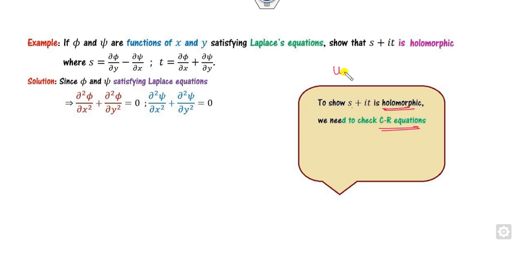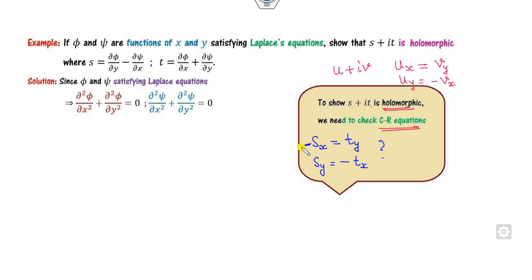If it is u plus iv, then my CR equations are ux equals vy, uy equals minus vx. But here it is s and t. So s of x is equal to t of y, and s of y is equal to minus t of x. That is why we need to check them.